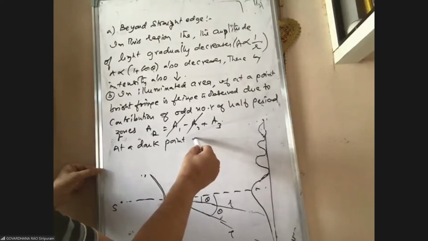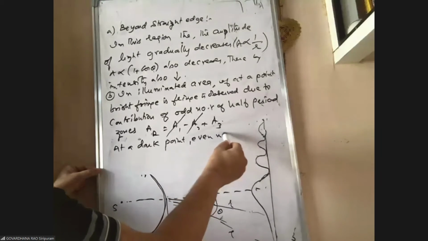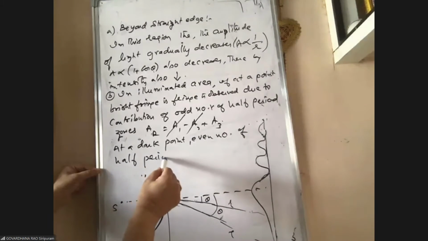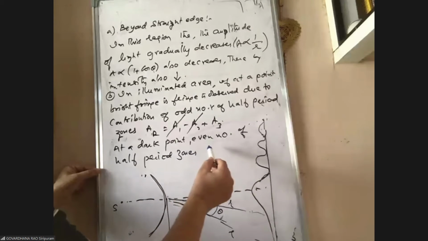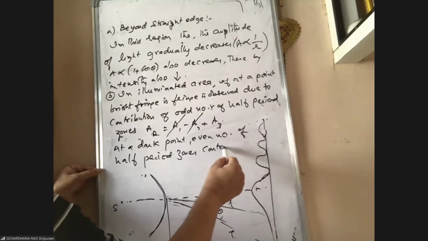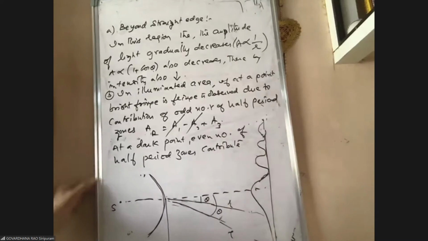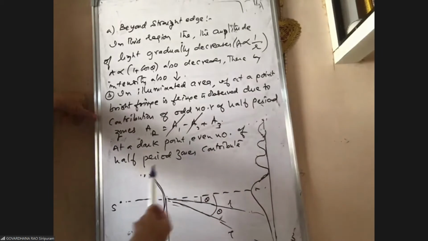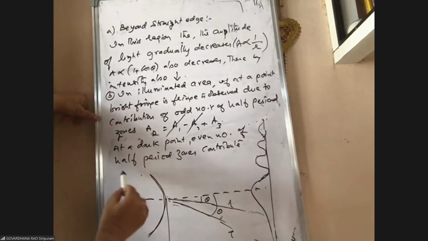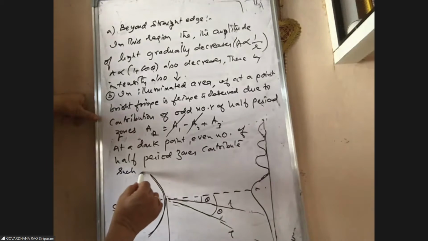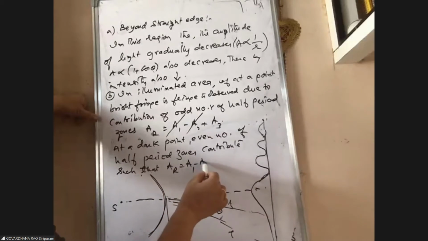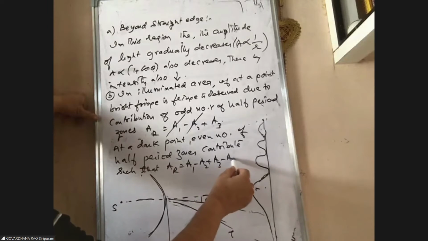At a dark point, even number of half period zones contribute, such that the resultant amplitude is A1 minus A2 plus A3 minus A4.